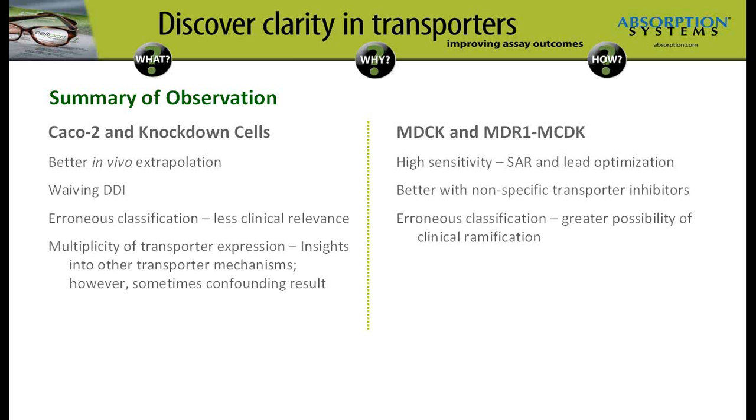For example, if the apical to basolateral permeability of the compound in Caco2 systems is high, this compound could be used as a waiver in the BCS classification. And also, with multiple transporters present in the one cell line, the Caco2 system tends to give a better in vitro in vivo correlation.